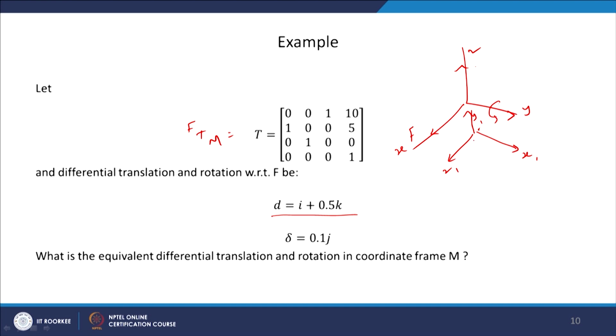So, we will get a new coordinate frame after making this much of change with respect to the fixed frame.